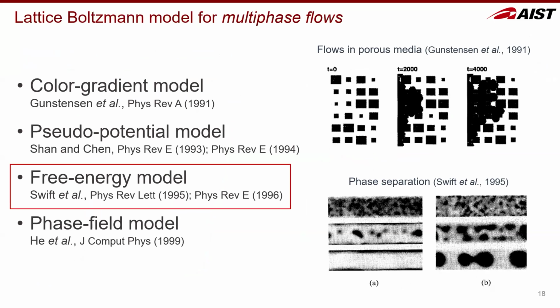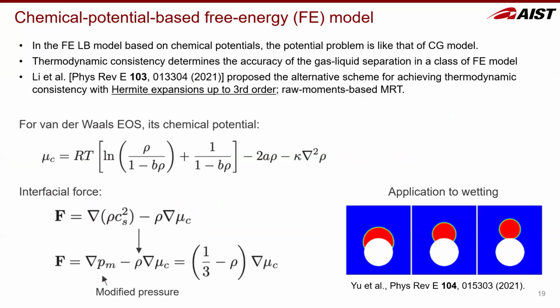Okay, I devoted most of the time to the color gradient, but from now on, I talk about the free energy model, an application of these equilibria to the free energy model. Here we show the chemical potential-based free energy model recently proposed by Lee et al.